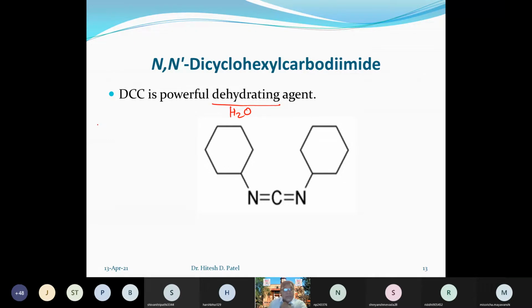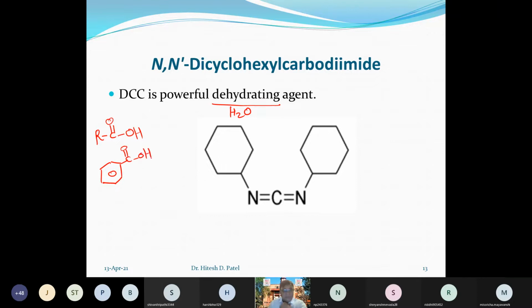Now why are we talking about this reagent? Suppose you want to prepare an ester. Normally how can we prepare an ester? We require an acid, for example benzoic acid.